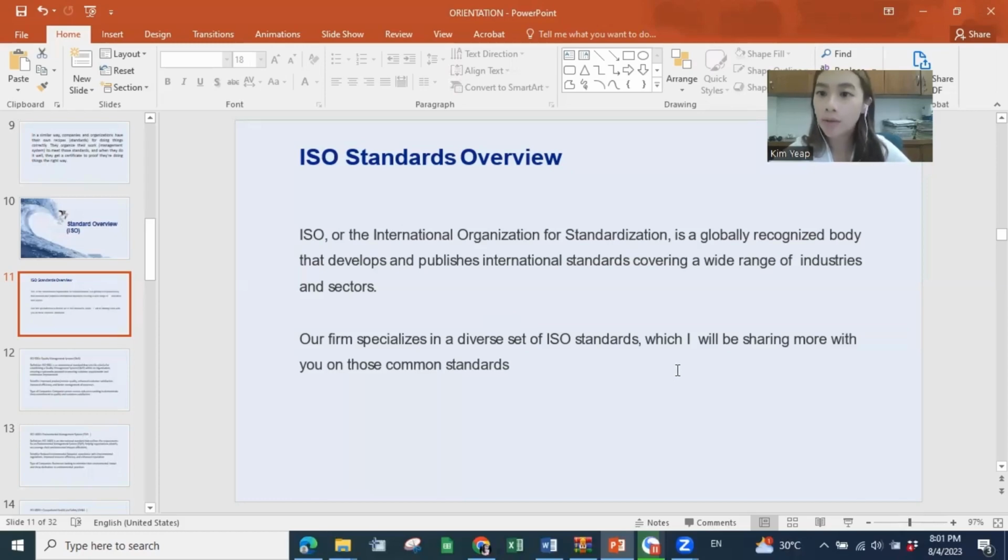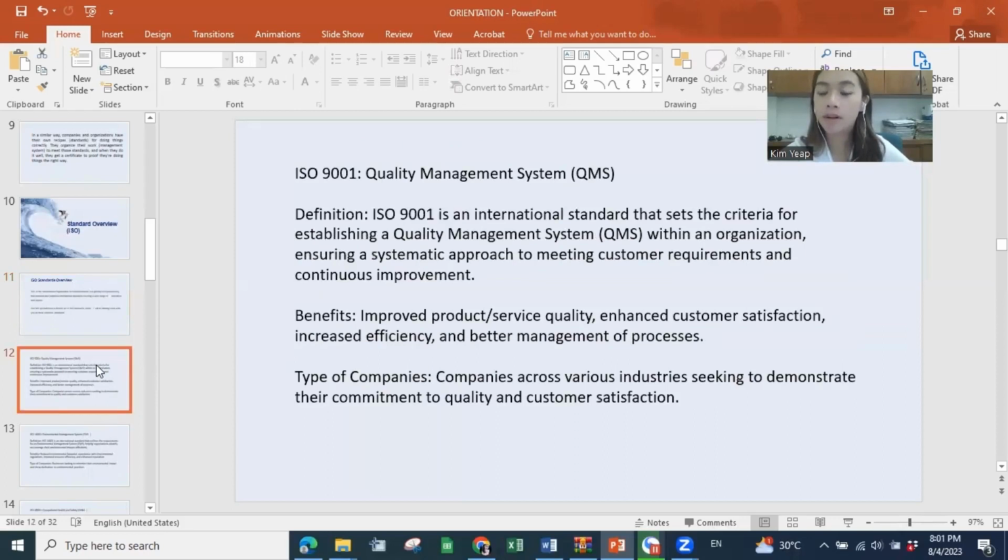So I'll be sharing with you some of the common types. Because there are actually too many ISO, but in the market there are a few of them which we will always see people wanting to get. First, we call it the common one. The common ISO is ISO 9001.